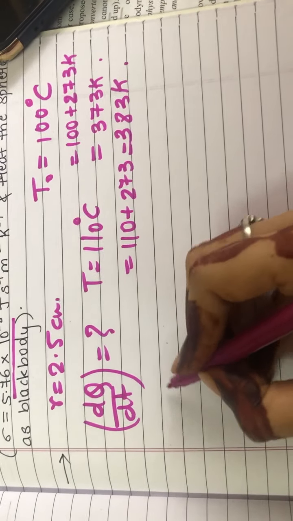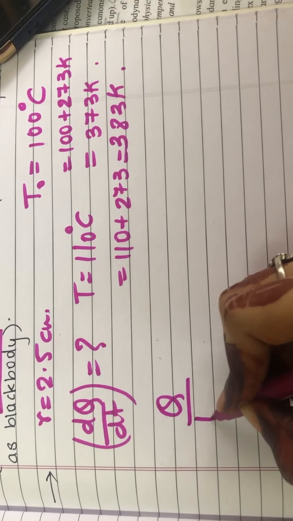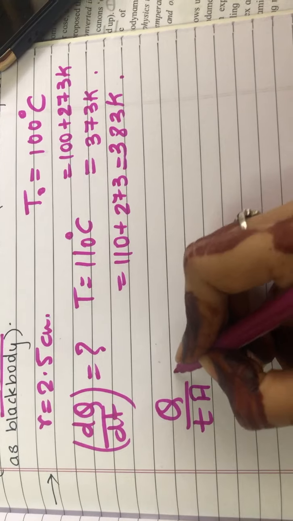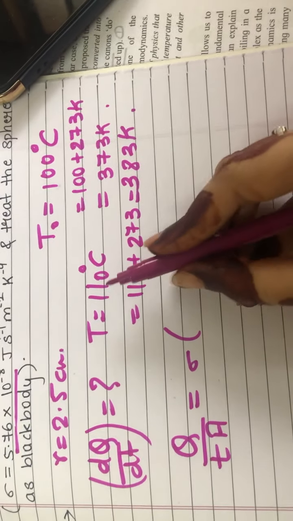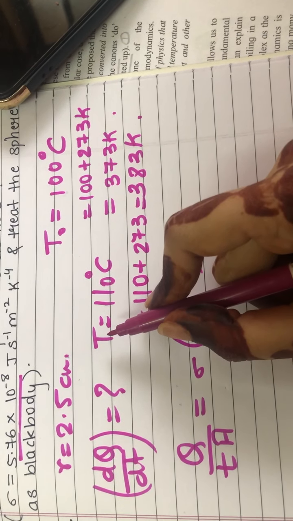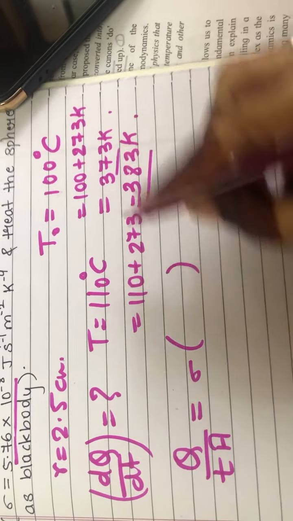We have this formula with us, that is the amount of heat radiated or the amount of heat supplied per unit time per unit area is equal to sigma, which is at the higher temperature, or which is asked to bring the body to the higher temperature. So the temperature of the body is greater than the temperature of the surrounding.